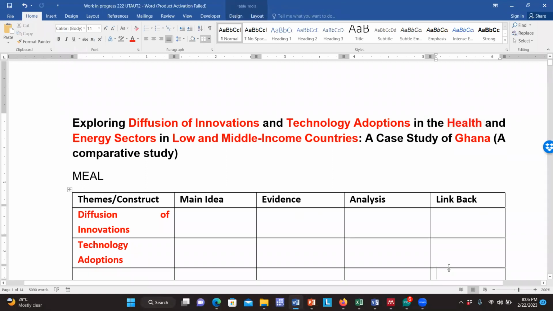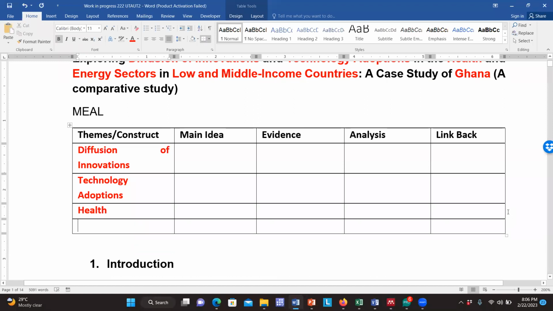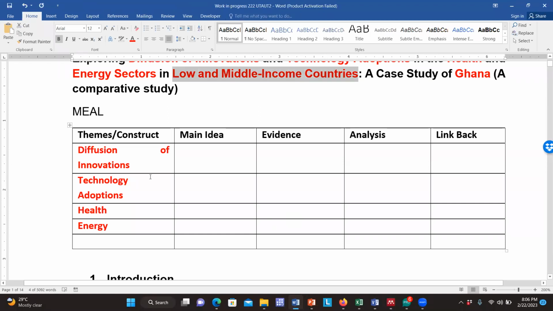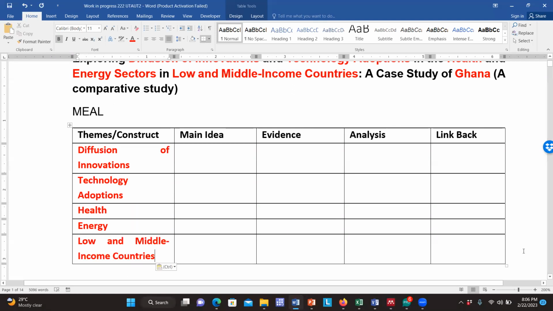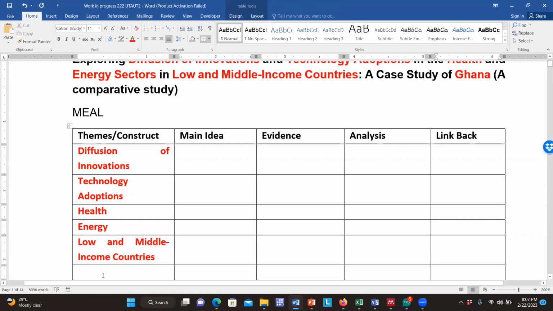In your topic, energy, so low and middle income countries, and then Ghana. Right? So this one, you're going to use this.